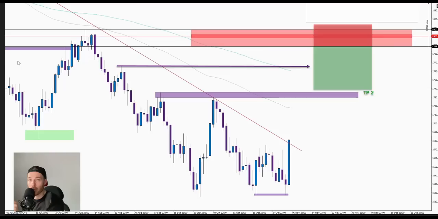And that has multiple forms, and we will see it in various examples. But that means that if you were not to enter in full at the first confluence here, which is the 1788 38 fib, you would then enter onto another possible one, which would be the 1800 psychological level.